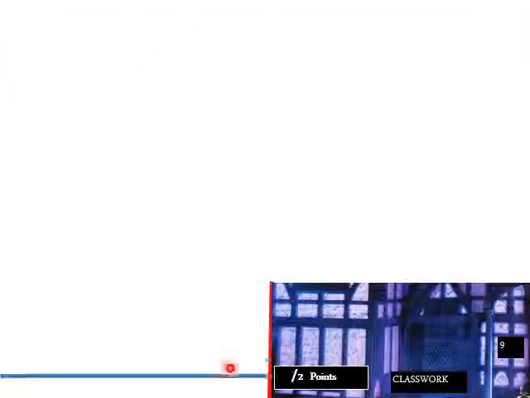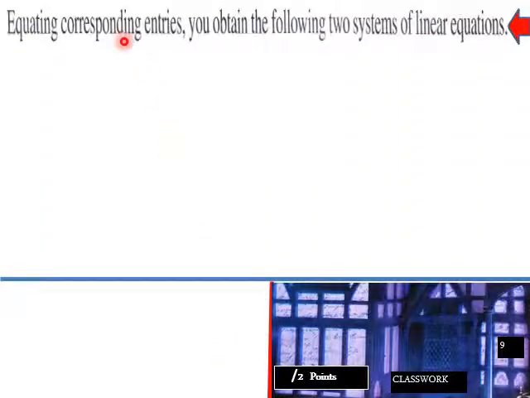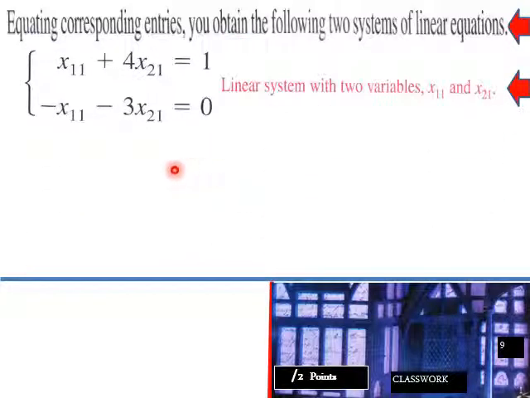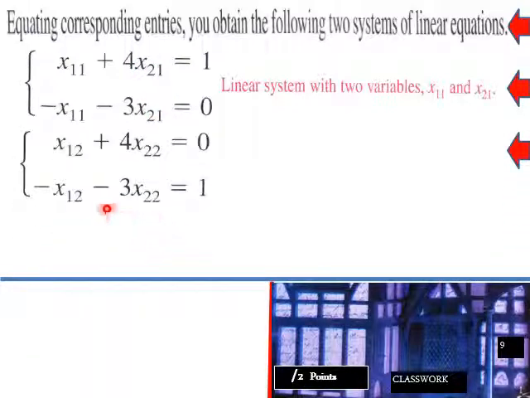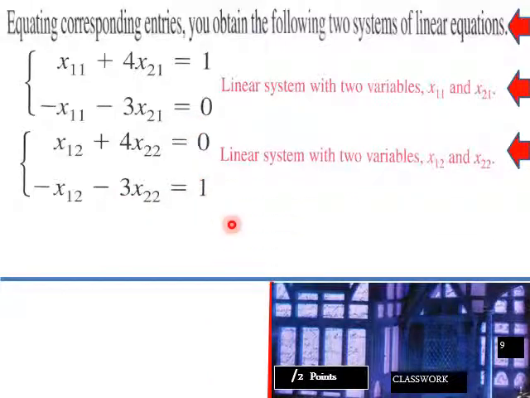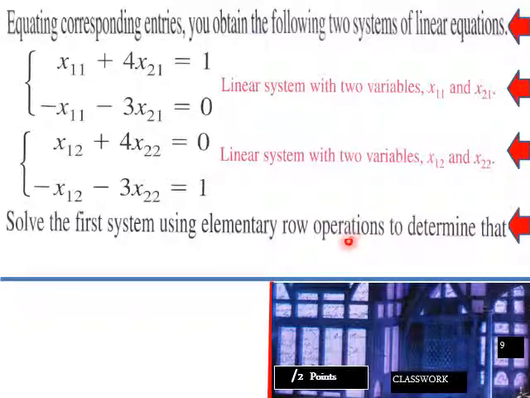To find our X, equating corresponding entries, you obtain the following two systems of linear equations: a linear system with variables x11 and x21, and then x12 plus 4x22 equals 0, 1 for these two, a linear system with two variables x12 and x22.